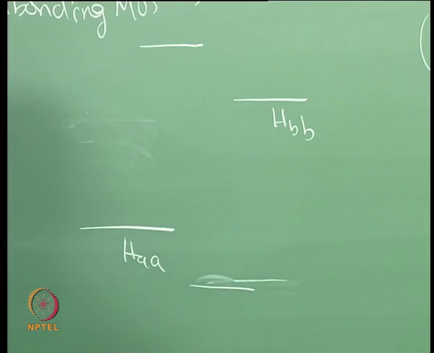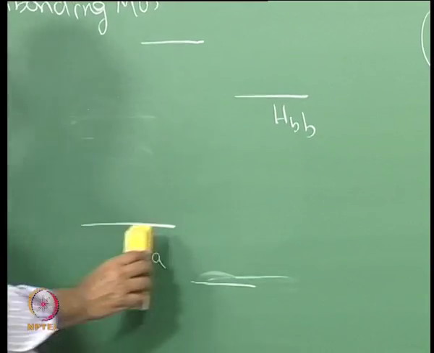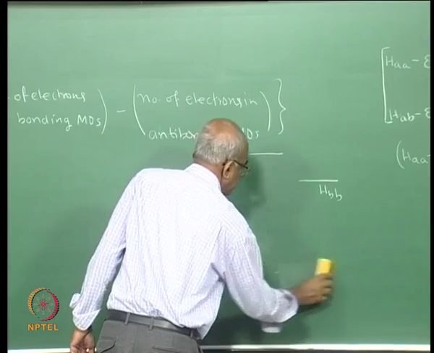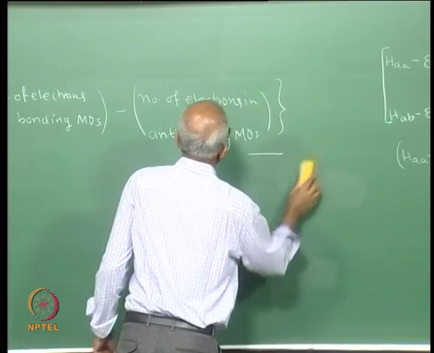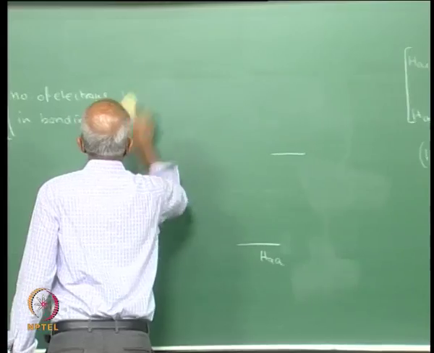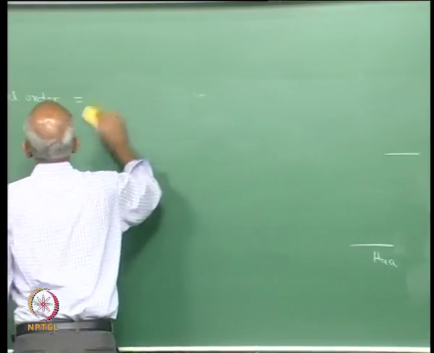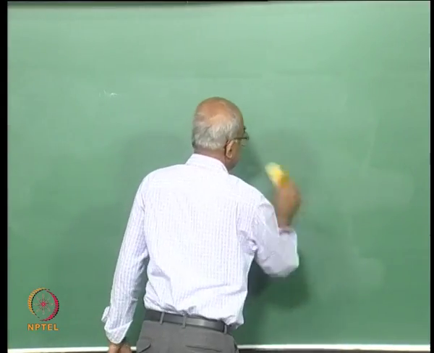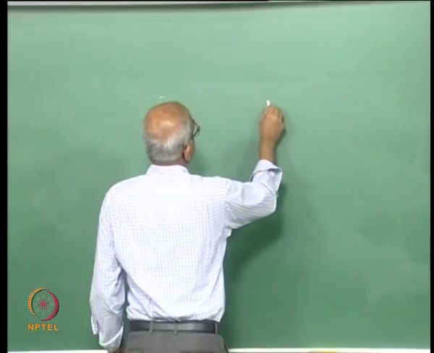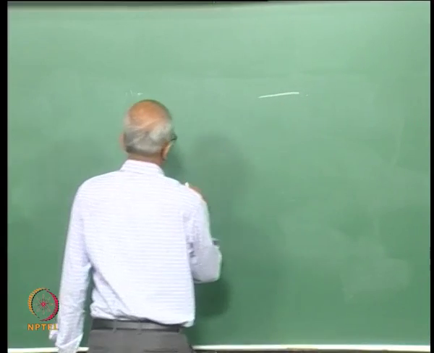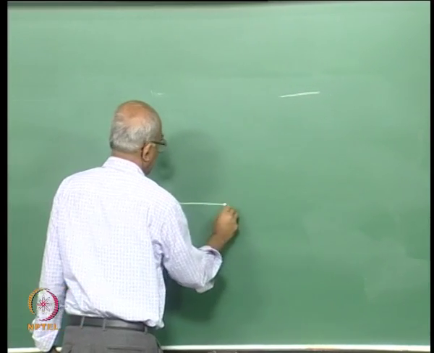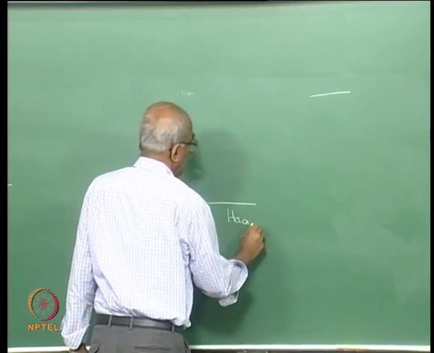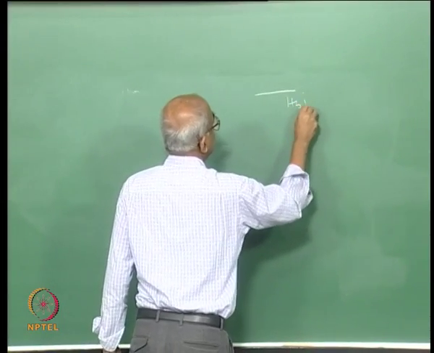Well, this figure has not come out as correctly as I would like it to. So, let me just modify this. Maybe I will rub off this. So, this is HBB and that is HAA.